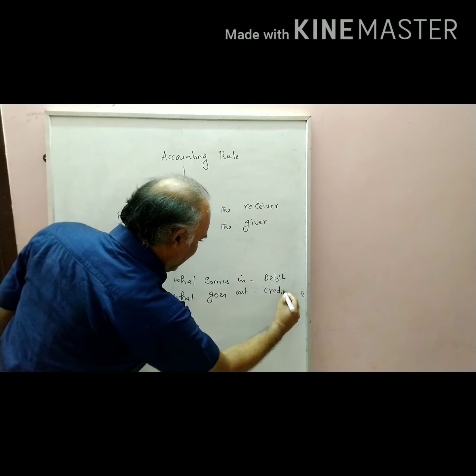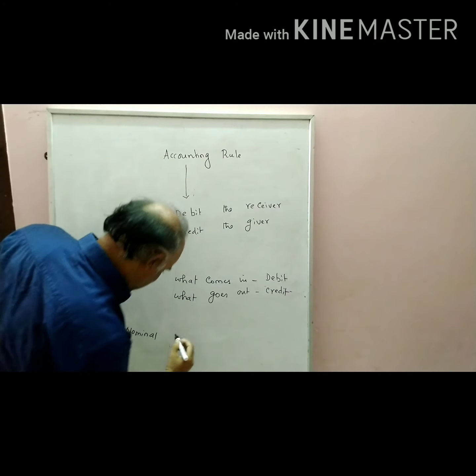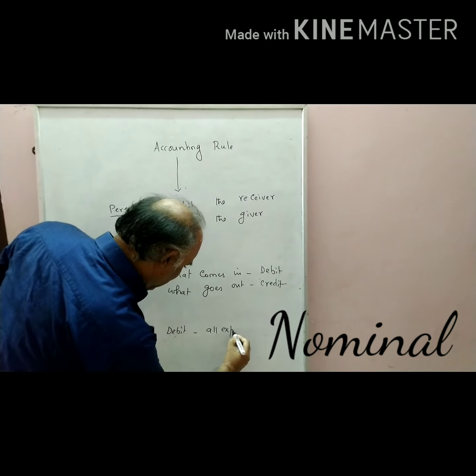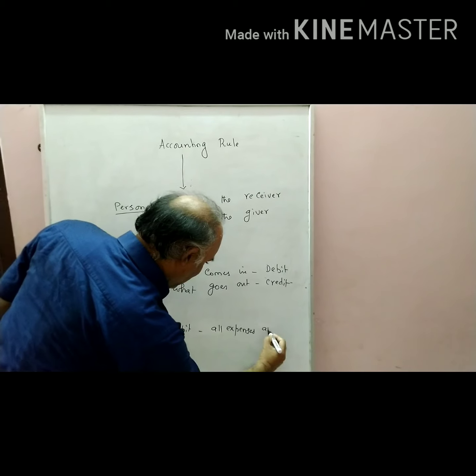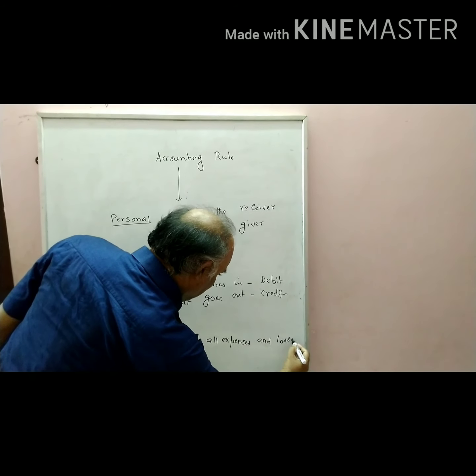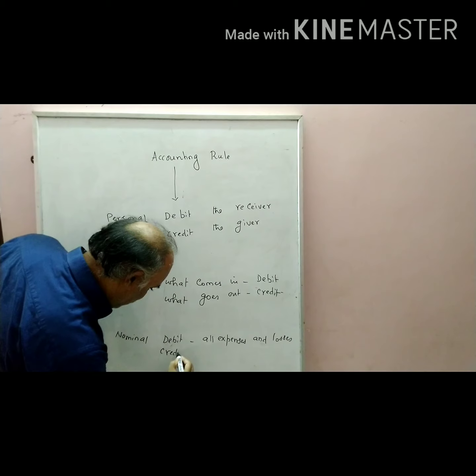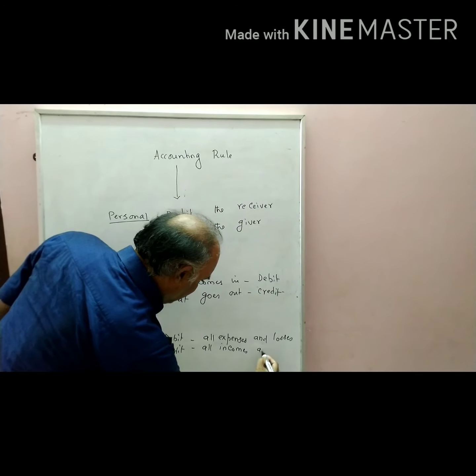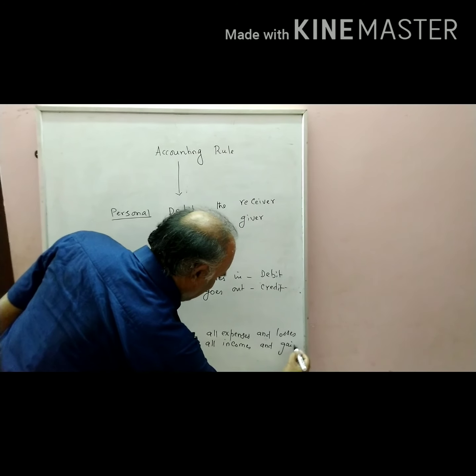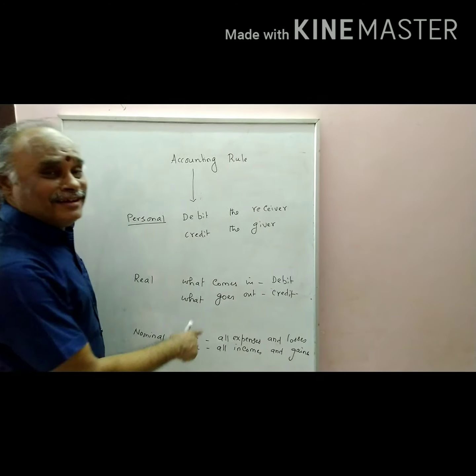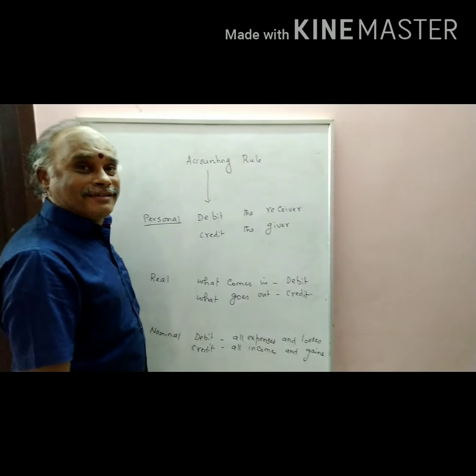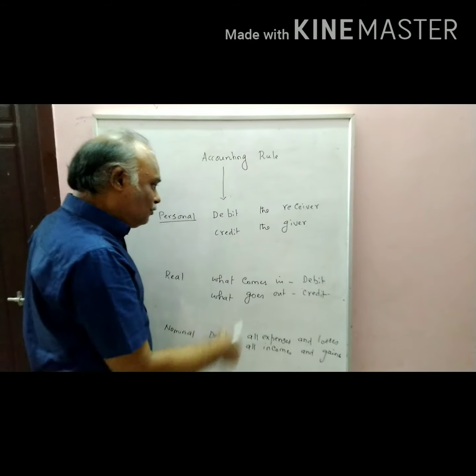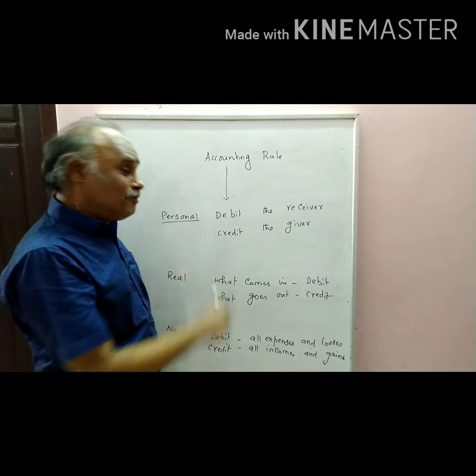And at the same time, debit all expenses and losses, and credit all incomes and gains. Very easy, because expenses and losses are bad, debit, and credit incomes and gains because they are good. These two things we have understood in the earlier videos very clearly.